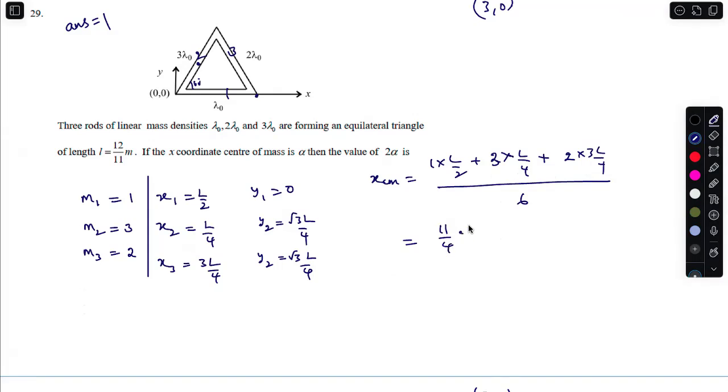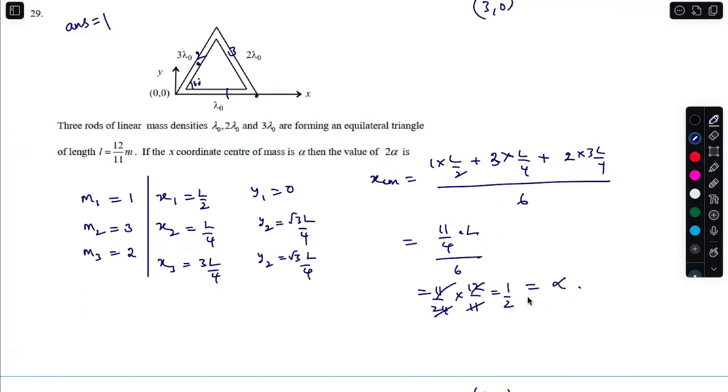So 11 by 4 times L by 6, that is 11 by 24 times L. This is given as alpha. So 2 alpha is 1, and alpha is 1 by 2.